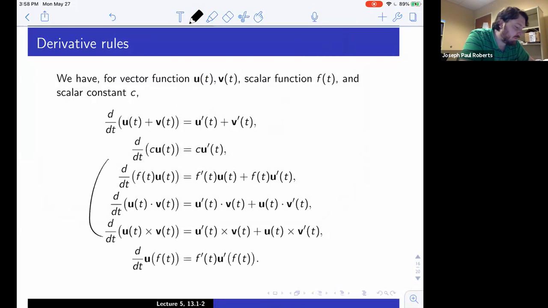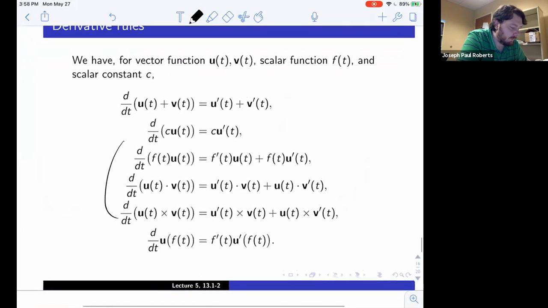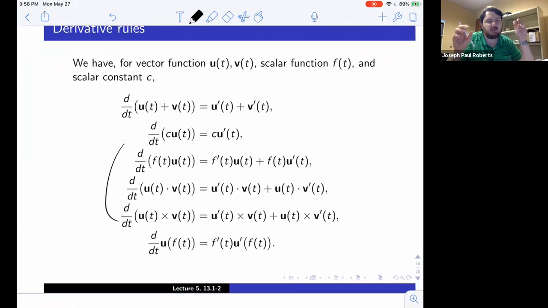And then we have three flavors of the product rule corresponding to the three multiplication-ish operations we have for vectors. So if I have a scalar function times a vector function, that's like scalar multiplication, I get that flavor of the product rule, which if I gave you guys a few minutes to think about this, I bet most of you would guess that this is what would be the case based on what you know about Calc 1.